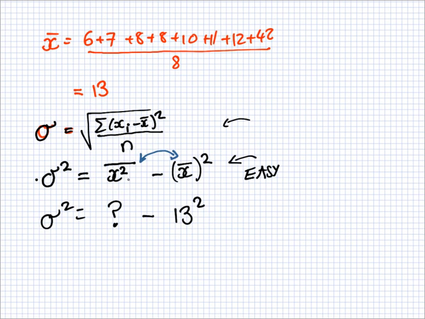Just be very careful. Here, first I square, then I average. Here, first I average, then I square. So let's calculate this. I would just have to change this here, actually. If I wanted this, I would just have to go square, square, square, square, square, square, square, square. And then I have this number here.